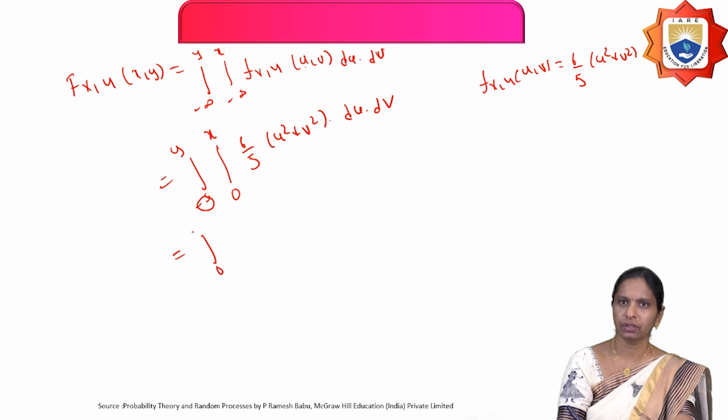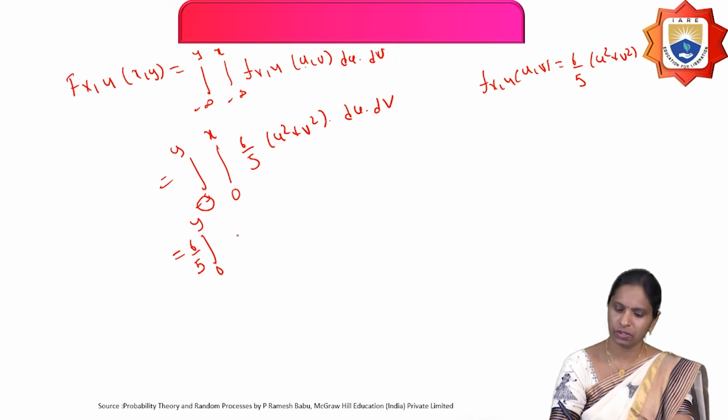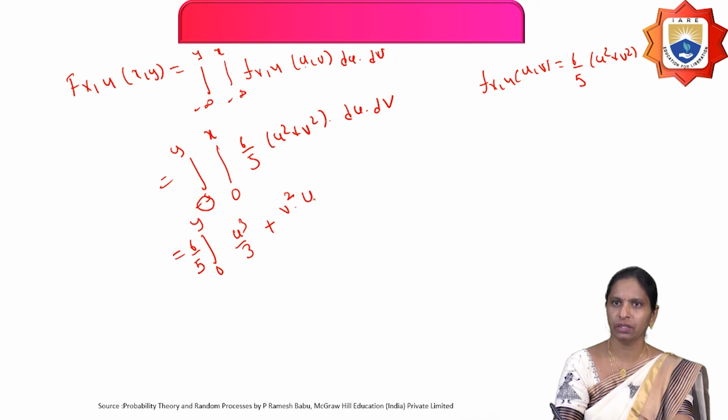That equals integration 0 to y. 6 by 5 is constant, so bring it outside. Then integration of u square with respect to u is u cube by 3, plus integration of v square with respect to u; v square is constant here, therefore v square into u, and the limits of u are from 0 to x, into dv.